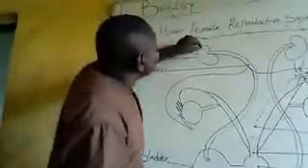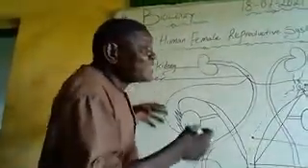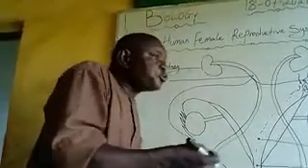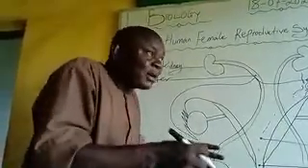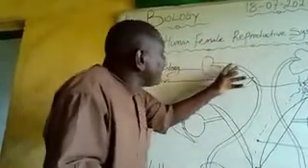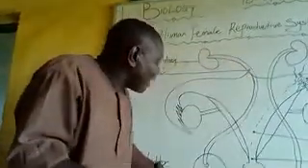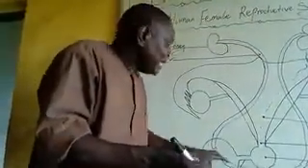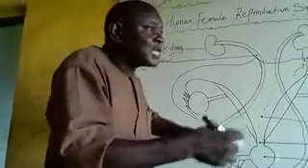So kidney will send those materials that are no longer useful to the body down to where we have the bladder.